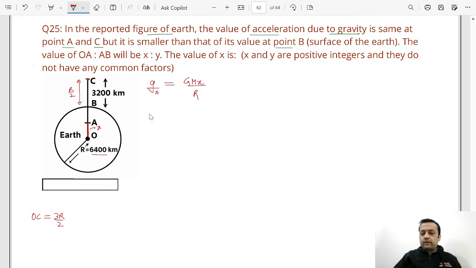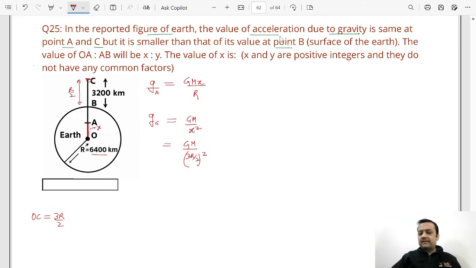This is the gravity at point A. Outside the earth, the gravitational field will become GM by x square, where x is the distance from the center. So for point C, the distance from the center is OC, which is 3r by 2, so this will become GM by 3r by 2 whole square.